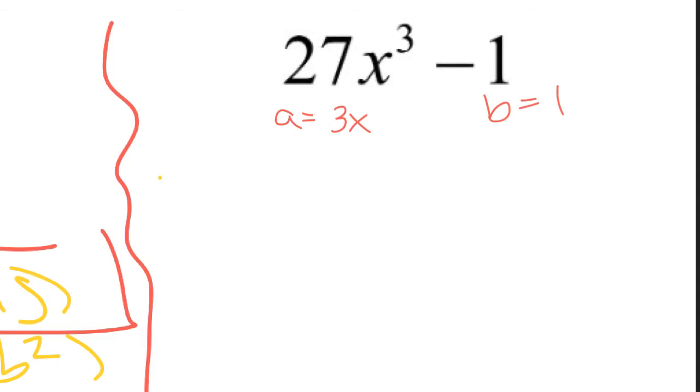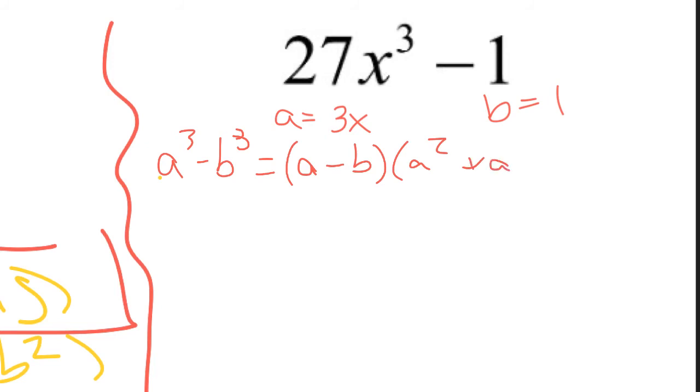So the formula that we're going to use is, given a to the third minus b to the third, our answer would be the quantity a minus b times the quantity a squared plus ab plus b squared. That comes from the previous slide.